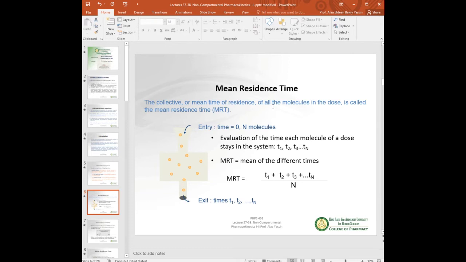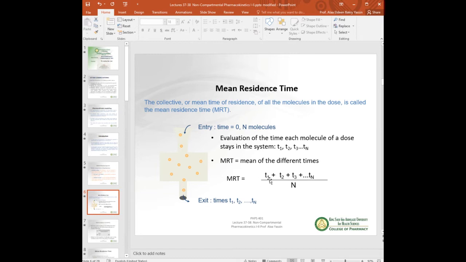If we consider T1 after 5 minutes, T2 after 15 minutes, 30 minutes, 1 hour, 2 hours, 3 hours, 10 hours, and so on, we can get these data.